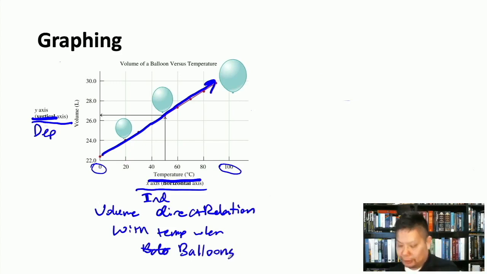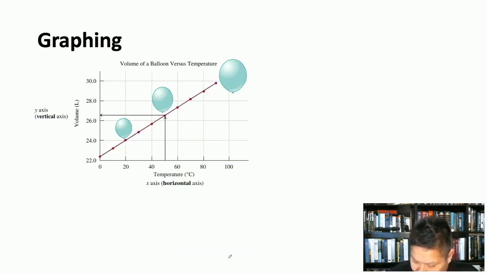There we go. When we talk about balloons, right? So that's really interesting because there's a lot of things you can determine just by looking at this graph, right? So one of the most important things is, I'm actually going to clear this out so I have some room here. So we've already established that it's got a direct relationship, temperature and volume.